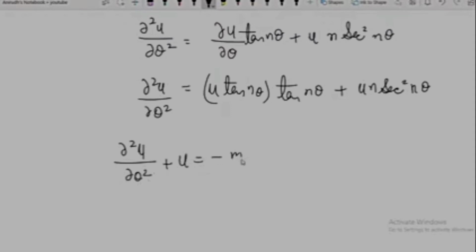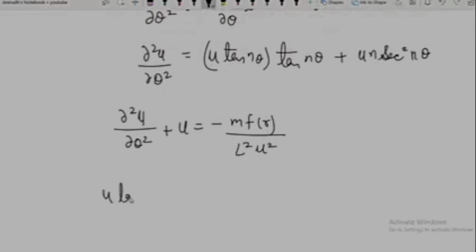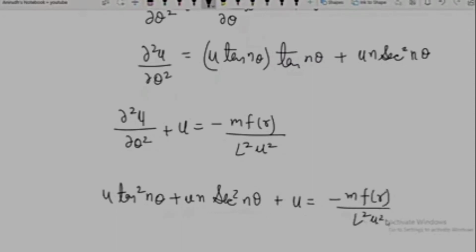We have to substitute this value in the differential equation of orbit. So by substituting that in the differential equation of orbit, we get u tan square n theta plus u n secant square n theta plus u is equal to minus m f of r upon L square u square.